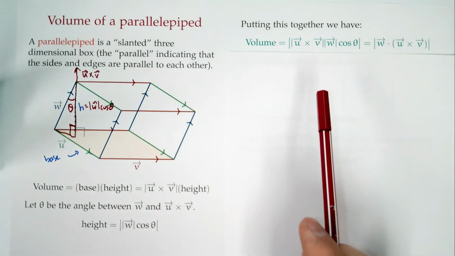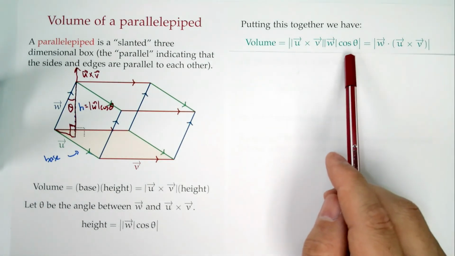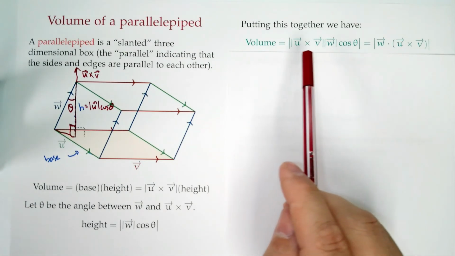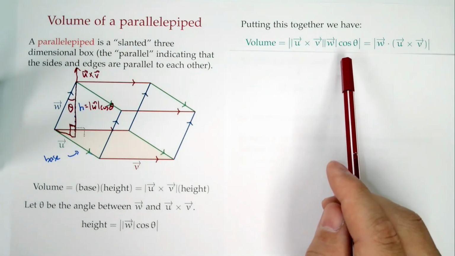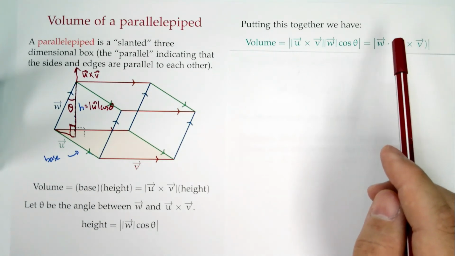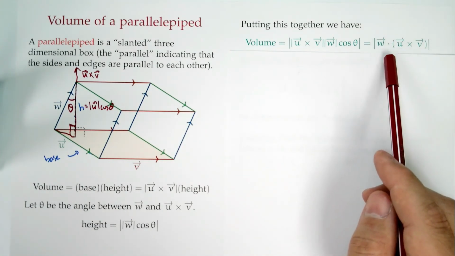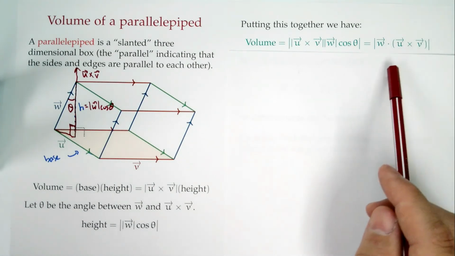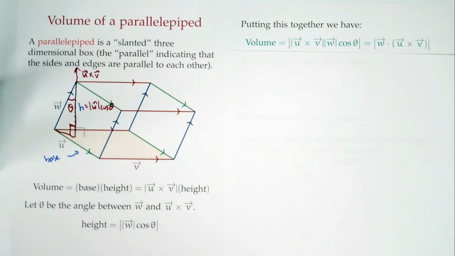And now if we stare at this a little bit, we see, it's a magnitude, and an angle between. Well, when you see magnitude, angle between, that's the dot product. So it's the dot product of our vector w with u cross v, whatever that turns out to be, then take the absolute value. So there's the volume.